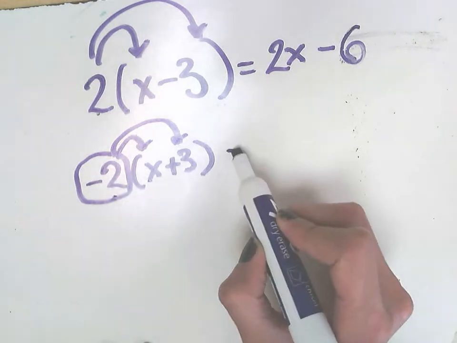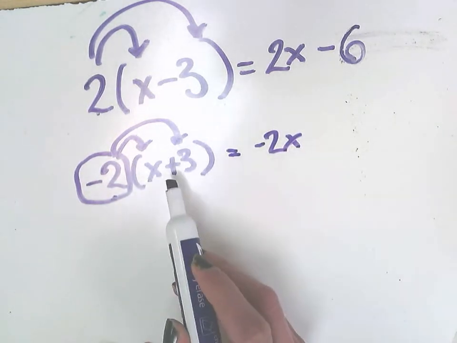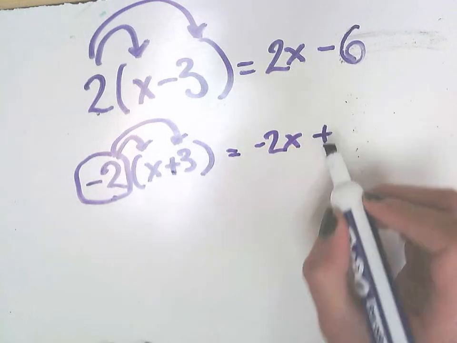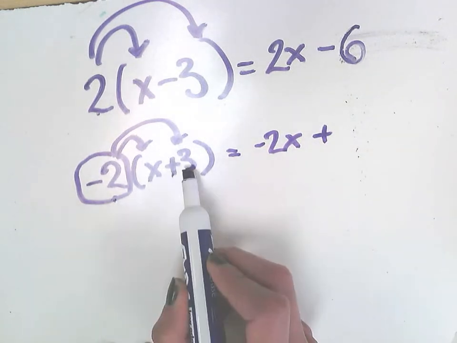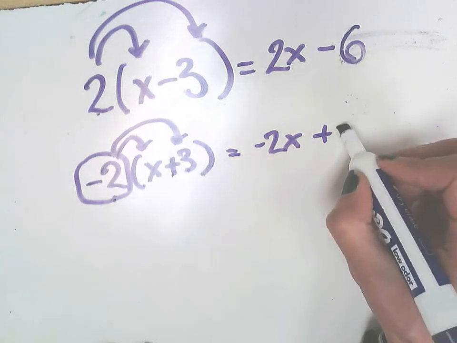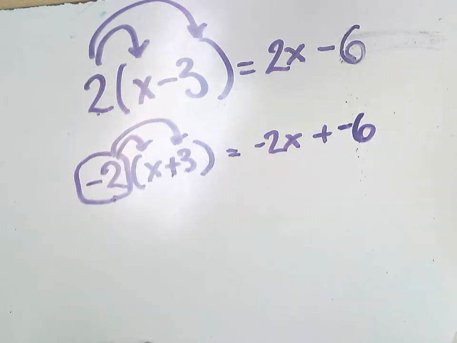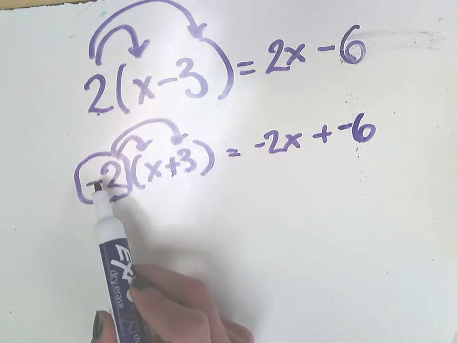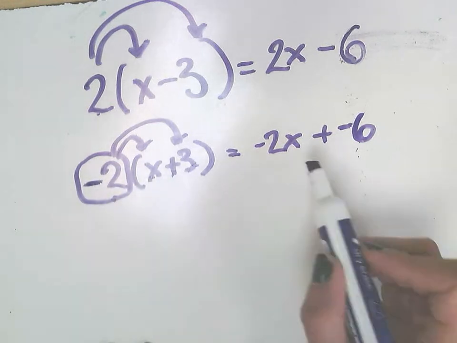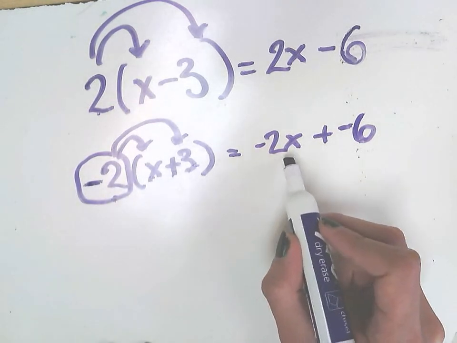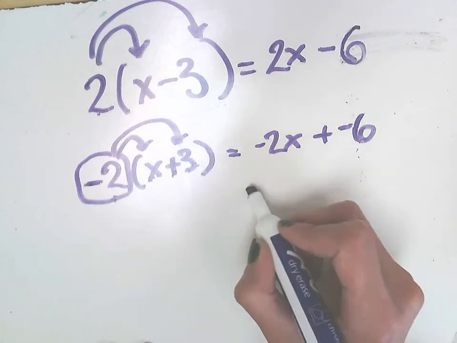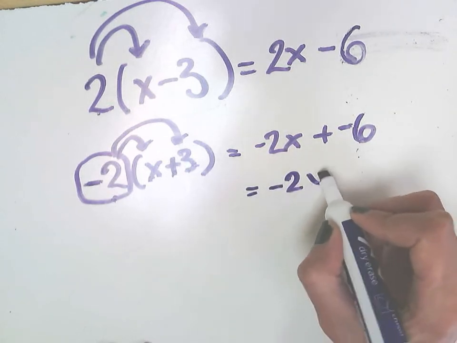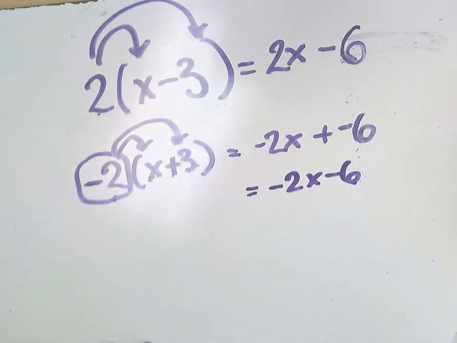Negative 2 times x is negative 2x plus, because this was an addition sign, negative 2 times 3. That would be a negative 6. I needed to make sure that I multiplied each of these by that negative 2. So my answer became negative 2x plus a negative 6, or if we wanted to rewrite it, negative 2x minus 6.